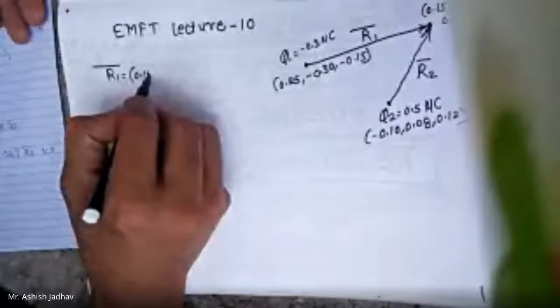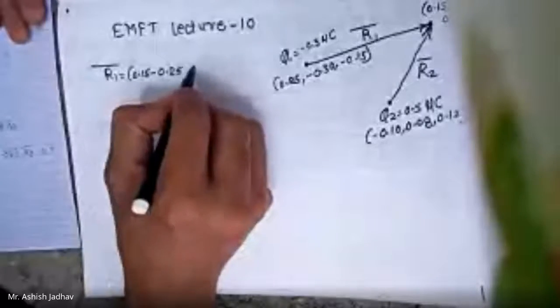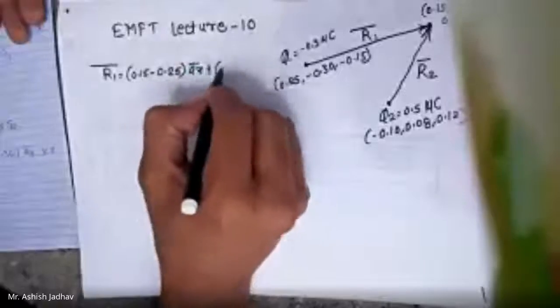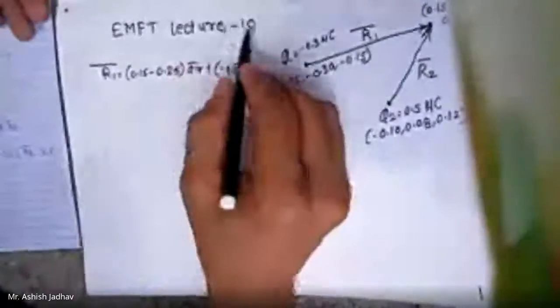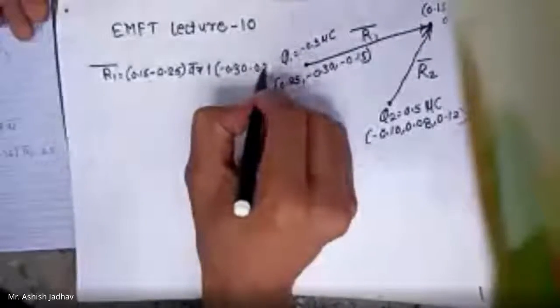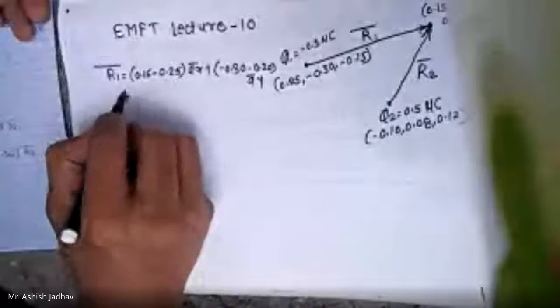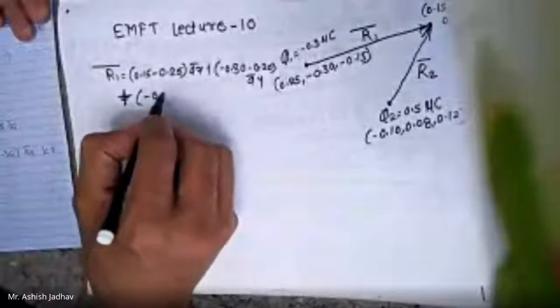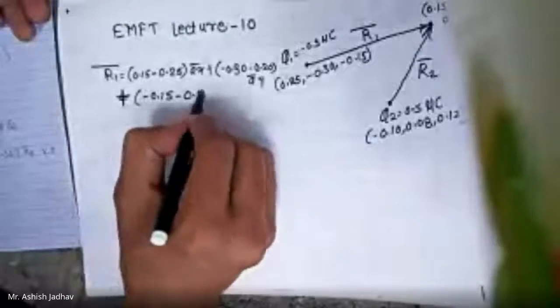So this is (0.15 minus 0.25) a bar x plus (minus 0.30 minus 0.20) a bar y plus (minus 0.15 minus 0.5) a bar z.